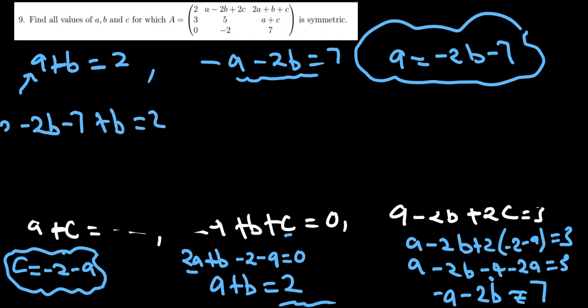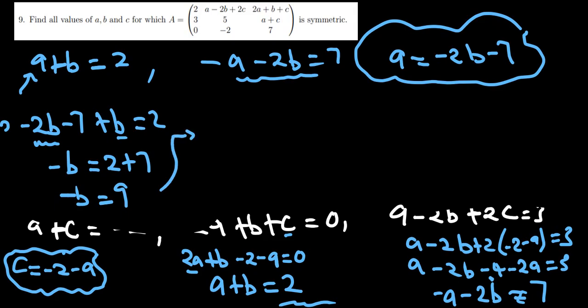So minus 2b plus b is going to give me minus b, is equal to 2 plus 7. This means that minus b will just be equal to 9, and this gives us b is equal to minus 9. So this is what we have as the value of b, and then we can use it to find the value of a.